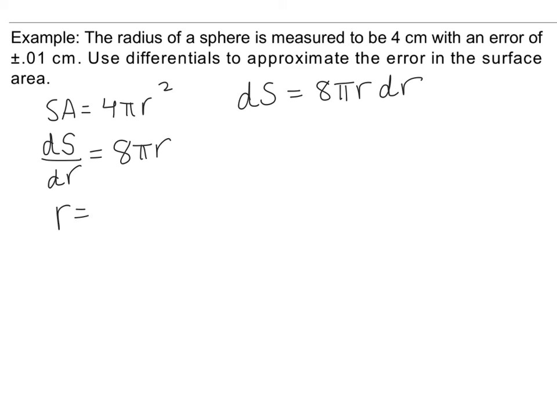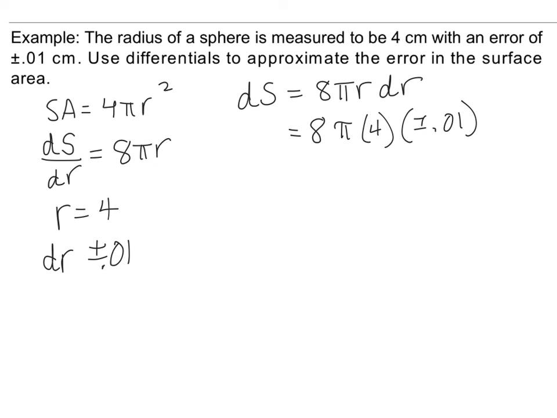R is 4. Dr is plus or minus 0.01. If we put that in there, that's going to equal plus or minus 1.0053, and that would be the error.